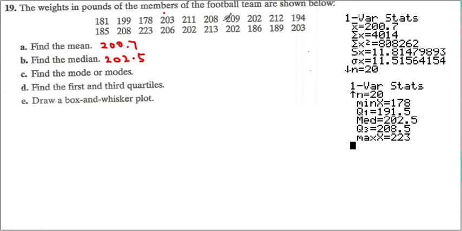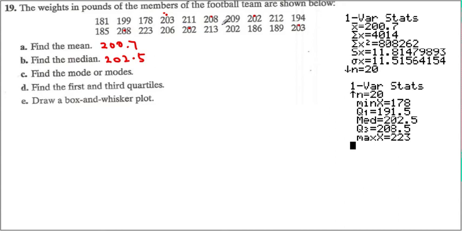The most frequent number seems to be here. 202 came out once, twice. Now, did anything else come out more than twice? 203 came out two times. 211, not really. 208 came out two times. 209, not really. 212, 194, not really. 185, 223, not really. 206.